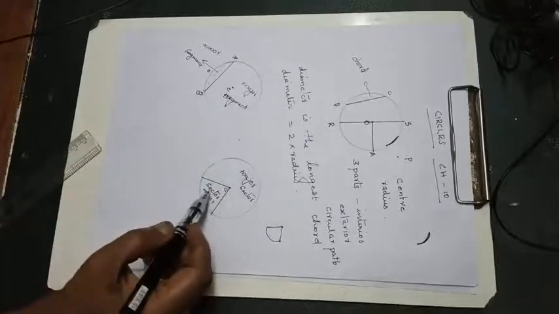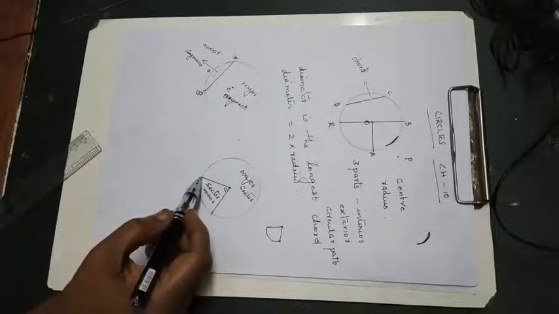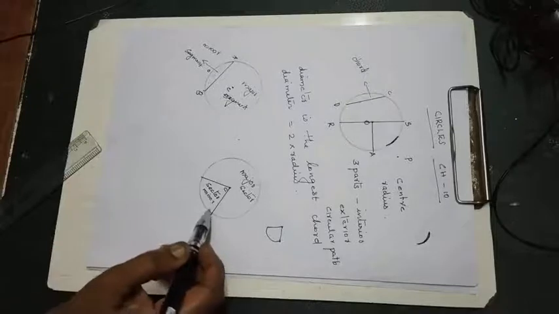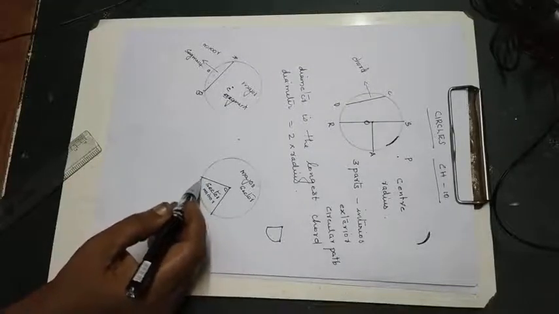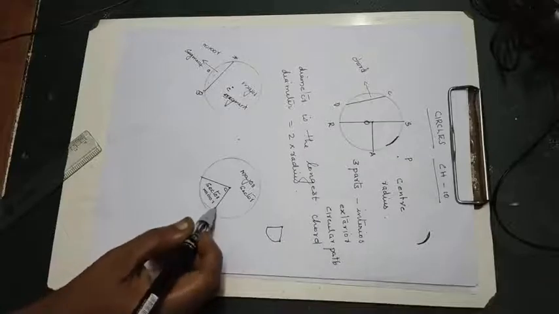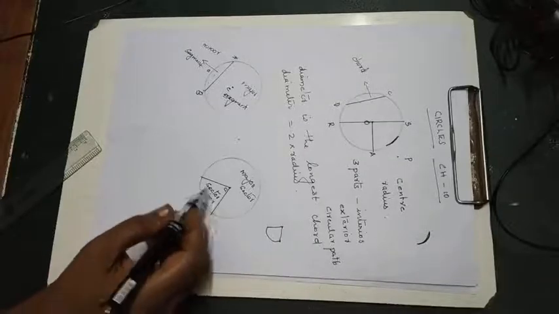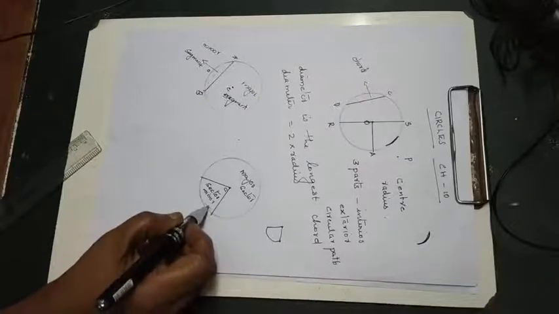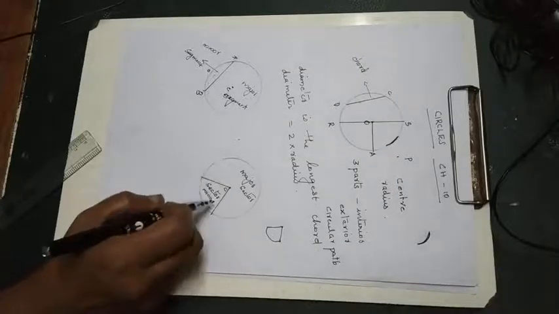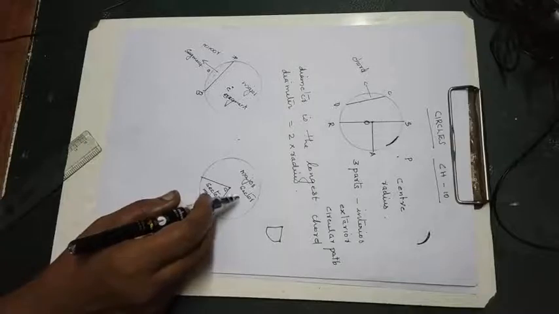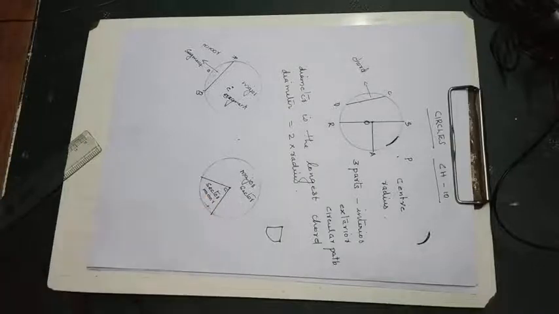And comes sector. When we draw two radii in the same circle, the portion it covers is called a sector. This one is the smallest, so it is called the minor sector, and the remaining part is called the major sector.